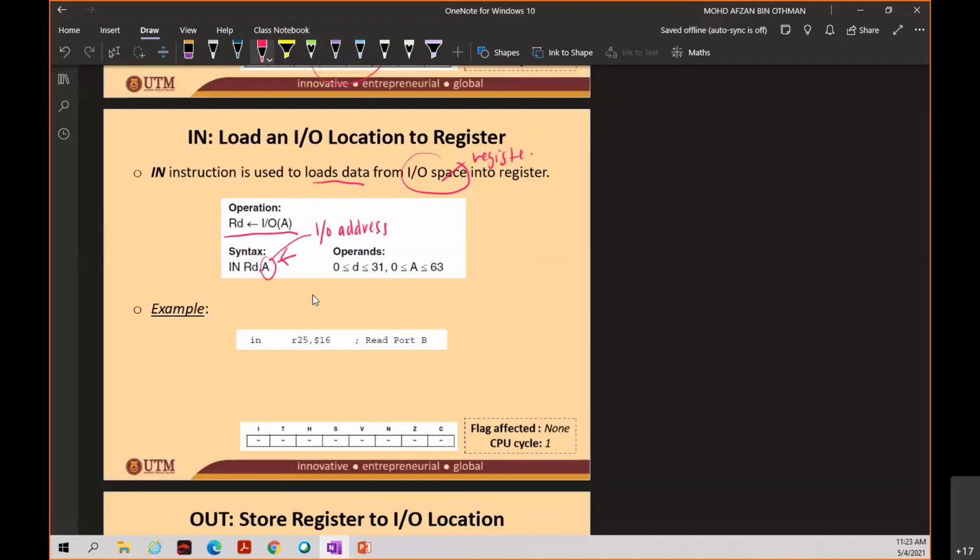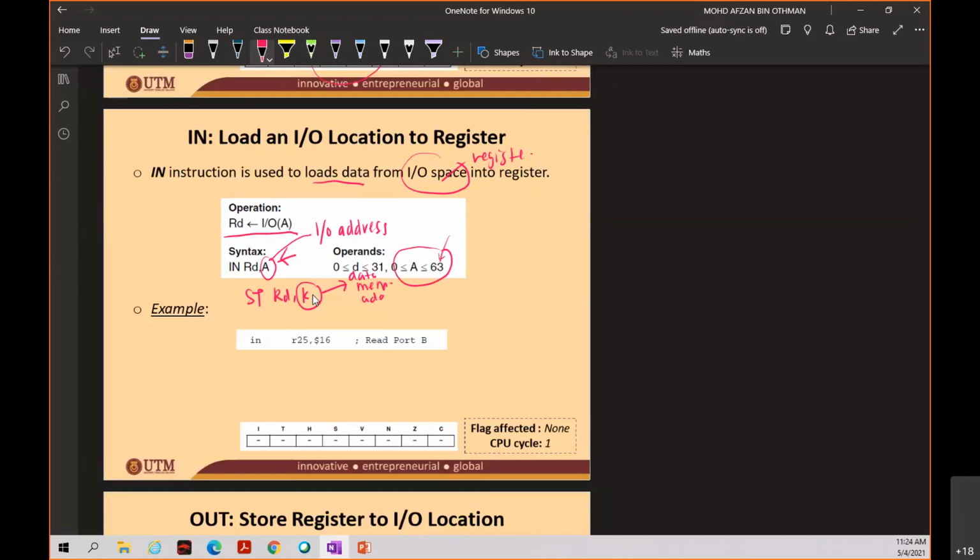Previously for the STS, Rd, K, this K referred to the data memory address. Your Rd can be R0 to R31, while for A, since you have 64 IO registers, it goes from 0 to 63 in decimal, or from 0 to 3F in hexadecimal.